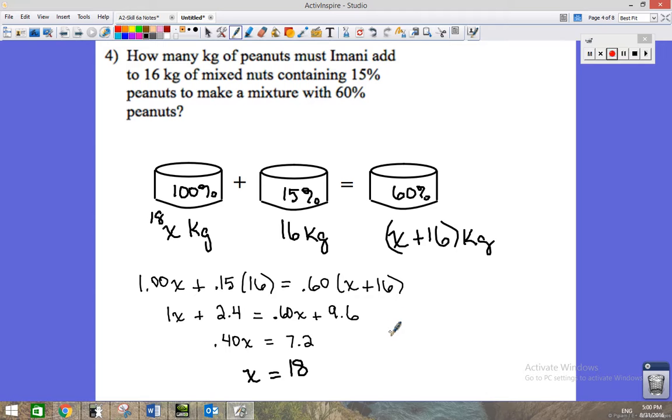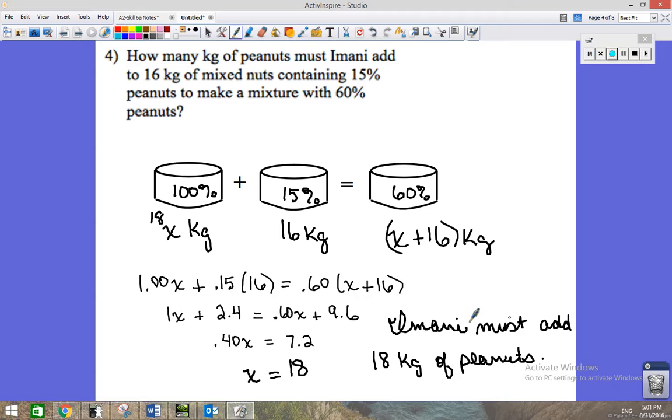So I'm not sure how she pronounces her name, but Imana must add 18 kilograms of peanuts. Now, sometimes people will even put pure peanuts to really emphasize that it's 100%. Must add 18 kilograms of peanuts to get the desired mixture.